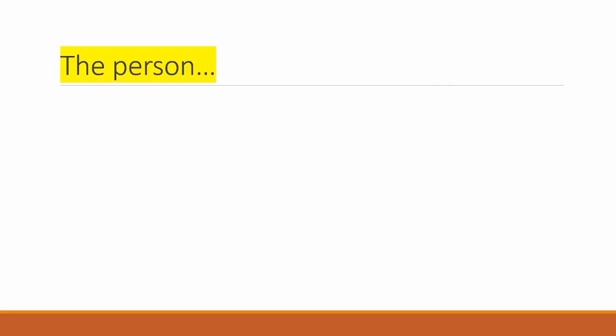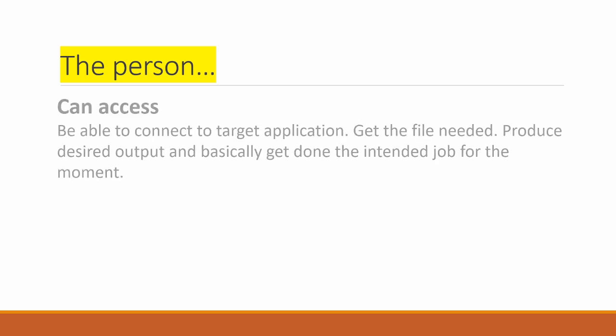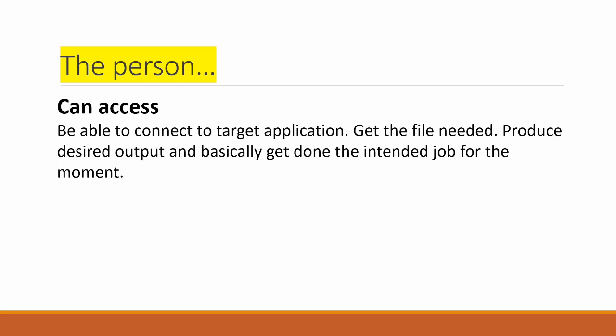Next is the person. So, ito yung mga expected na meron tayo or dapat nagagawa natin as a technologically literate or as technology literate. The person can access. It is able to connect to target application, get the file needed, produce desired output, and basically get done the intended job for the moment.